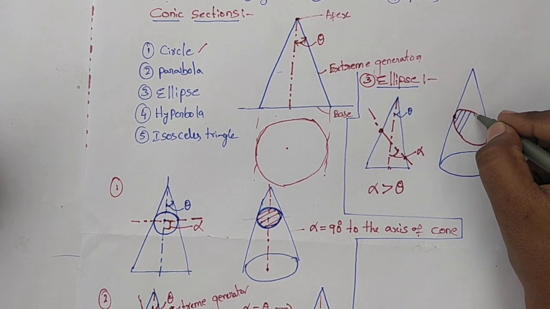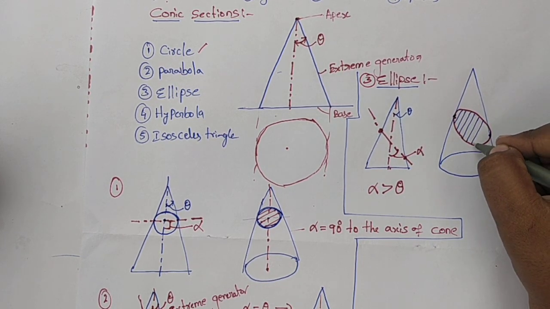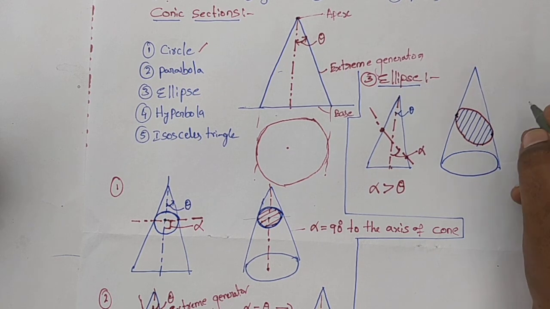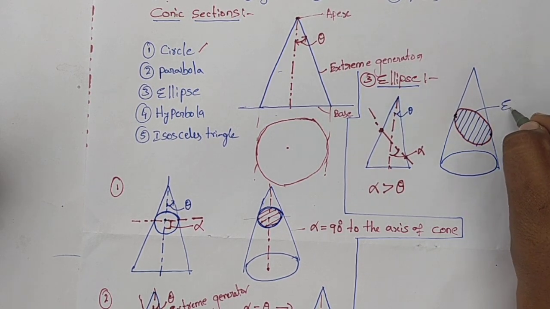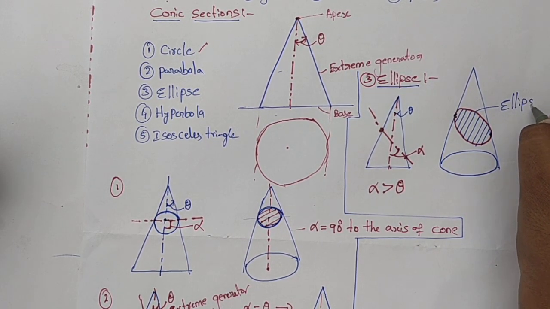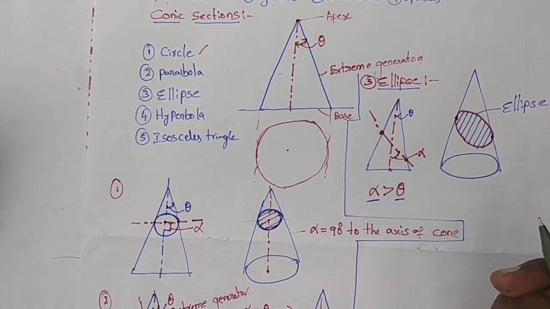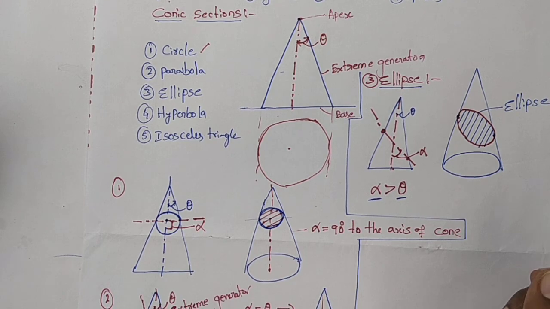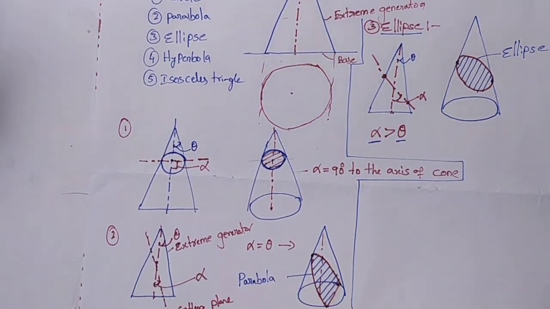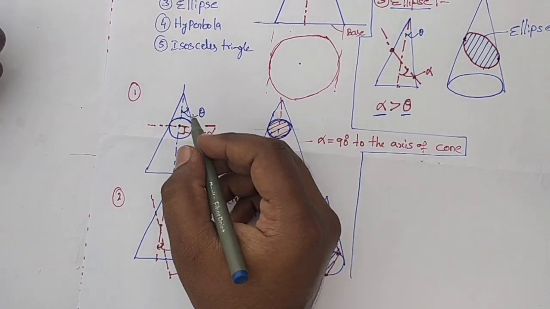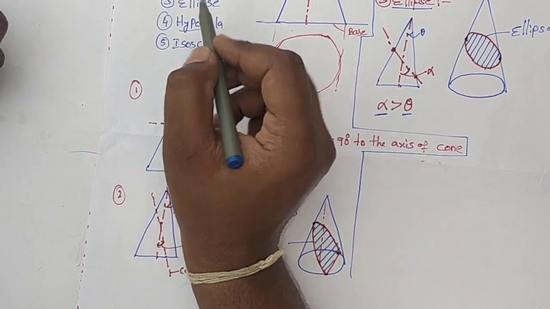Due to this cutting plane, you get one curve. That curve is known as an ellipse. For the ellipse case, alpha is greater than theta. Next, coming to the fourth case, that is the hyperbola.